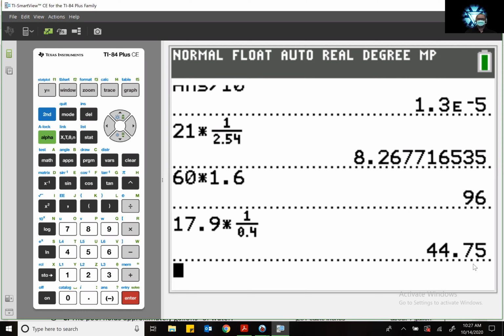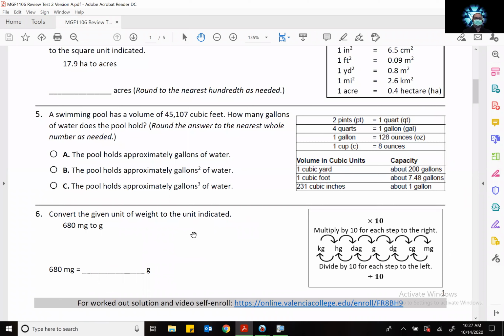Number 5. We have a swimming pool that has a volume of 45,107 cubic feet, and we want to turn this into gallons.